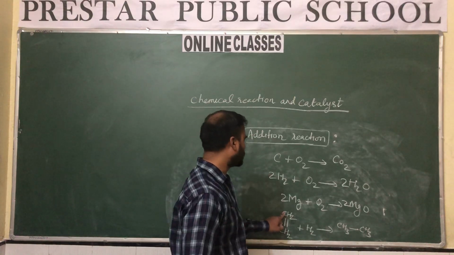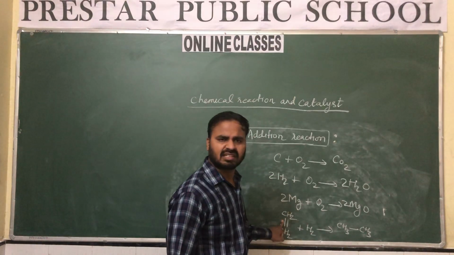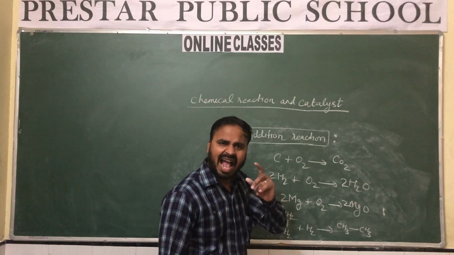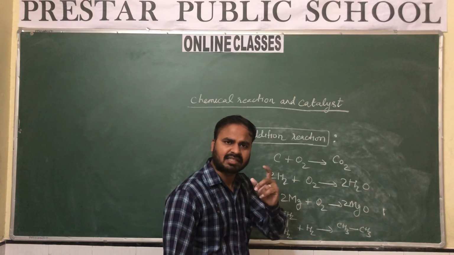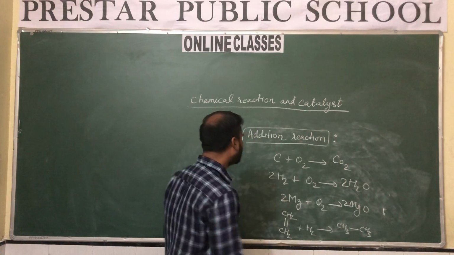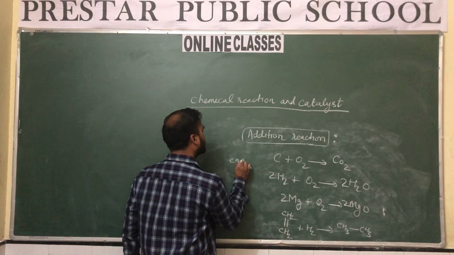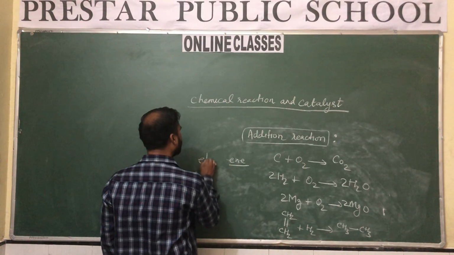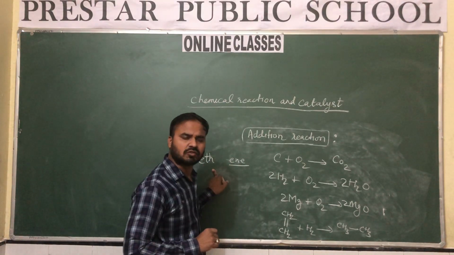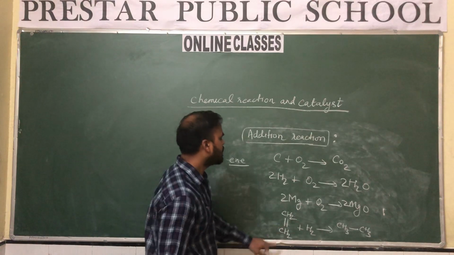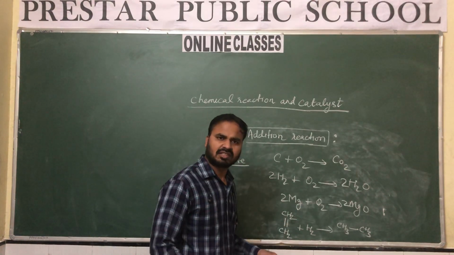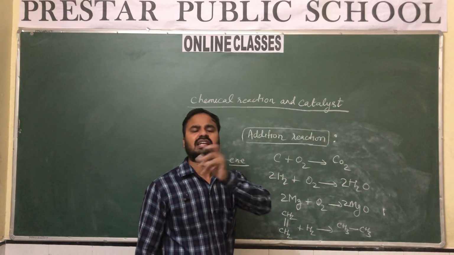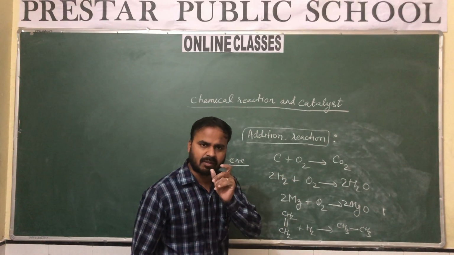Just see, beta, C2H4. Double bond means if 2 carbons are there, what I have told you, the prefix will come, and if there is a double bond, then at last the suffix ene will be used. If 2 carbons are there, then the prefix eth is used, and a double bond is there, so the suffix ene will be there, alkane, alkene or alkyne, alkene for double bond.